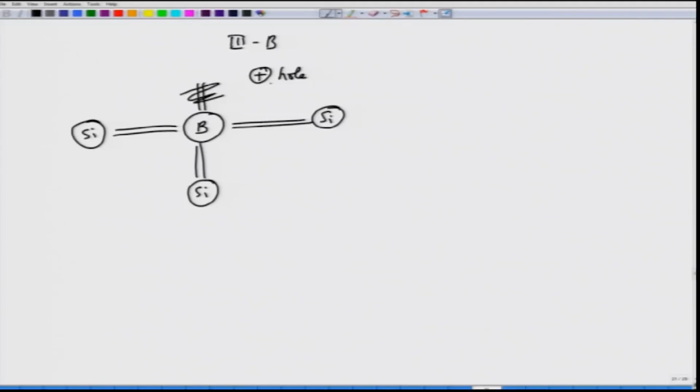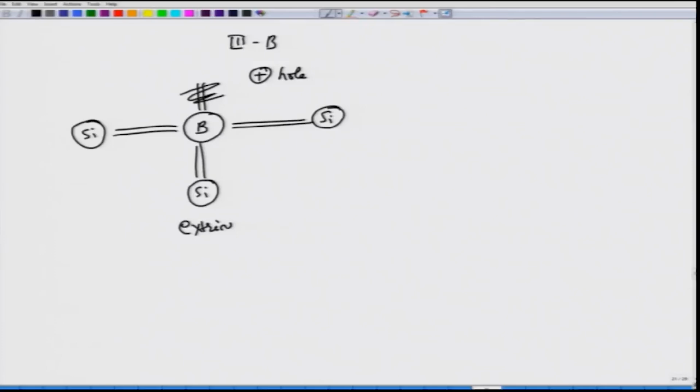So, substituting a few of the silicon atoms by group 3 elements introduces a lot of holes, and holes become the majority carriers in these elements.